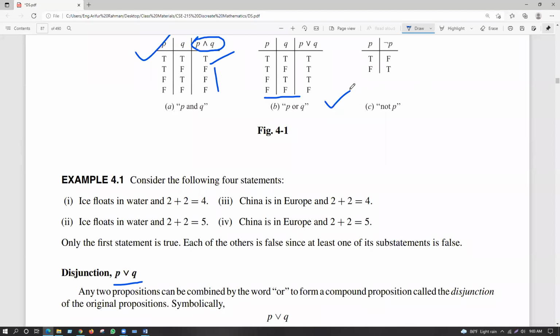Otherwise true. If at least one statement is true, then the disjunction of the statements is going to be true. Then we discussed the negation, which is just like a converter. A true statement is going to be converted into false, a false statement is going to be converted into true.